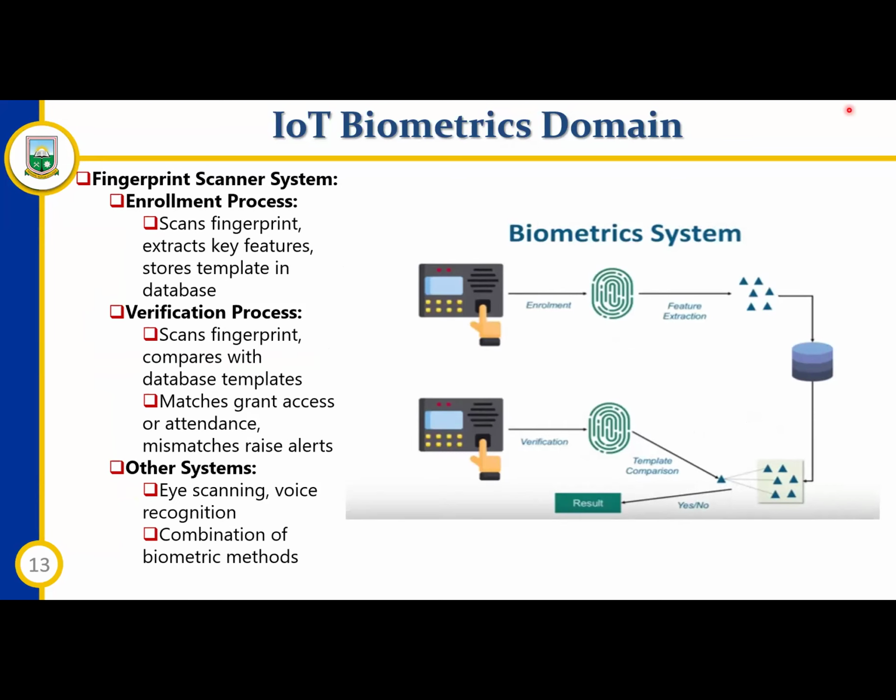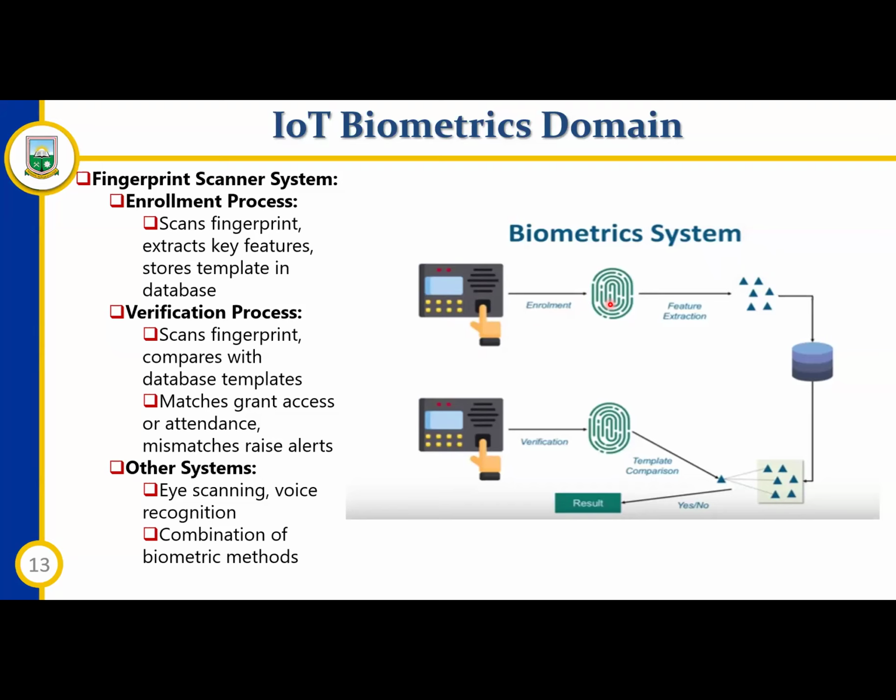So you can see from here, when a person places their finger on the fingerprint scanner, it scans the fingerprint as part of an enrollment process. Usually, when a fingerprint device is set up for the first time, you need to enroll onto the platform so that it can save your data.